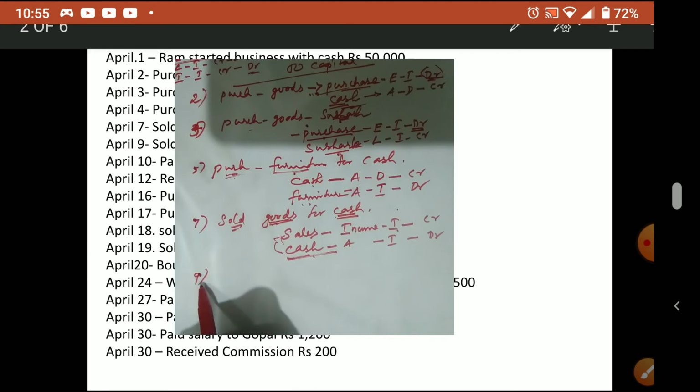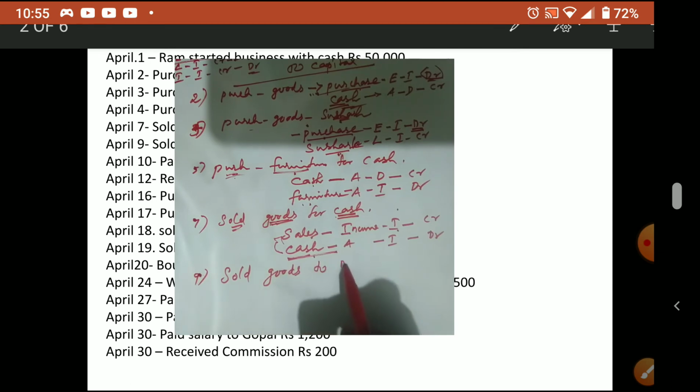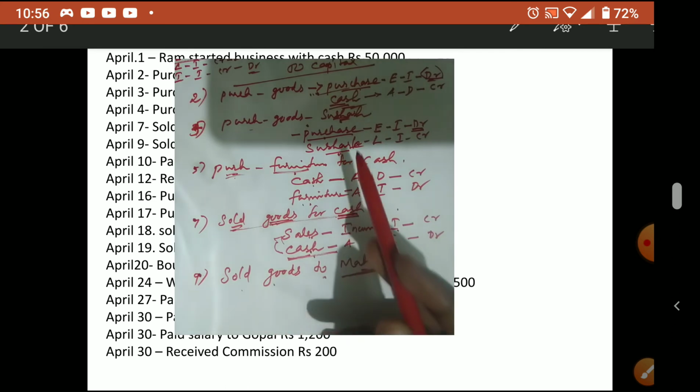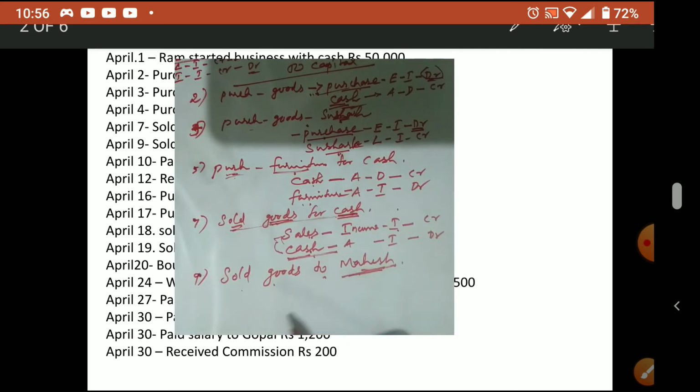Ninth, sold goods to Mahesh. Here also sold goods, but to Mahesh. Before it was sold goods for cash, so sales and cash. Here they are saying sold goods to Mahesh, so Mahesh's name is there. Just like in purchase, when a name is there, cash is not received or paid. The customer Mahesh has not paid the money. Whenever sale is there, sale is one aspect.